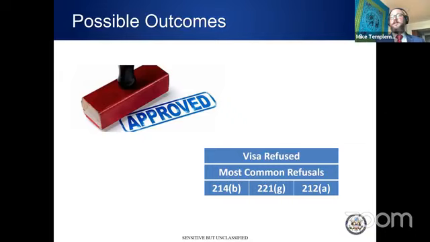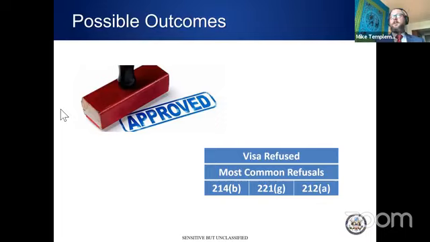The most common of these laws is 214(b), and you can go online and you can look that up. These are public laws. I won't bore you with all of the details of what these refusal laws are, but ineligibilities could range from anything. If someone has committed a crime, it could be as simple as a person doesn't have the means to pay for a program.